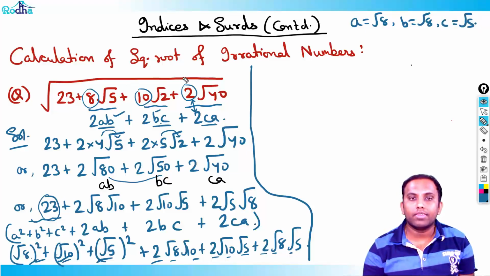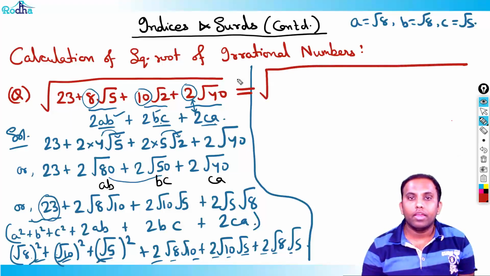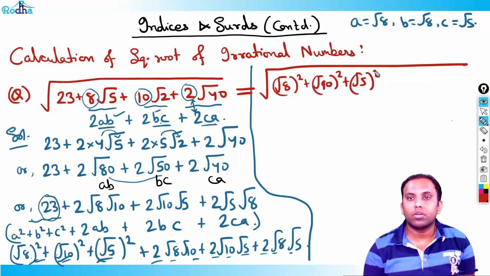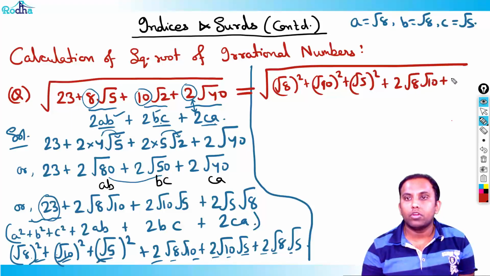This whole term is written as under root of A square plus B square plus C square, that is root 8 square plus root 10 square plus root 5 square, plus 2 root 8 into root 10 plus 2 root 10 into root 5 plus 2 root 8 into root 5. That is, you can compare this term as what?